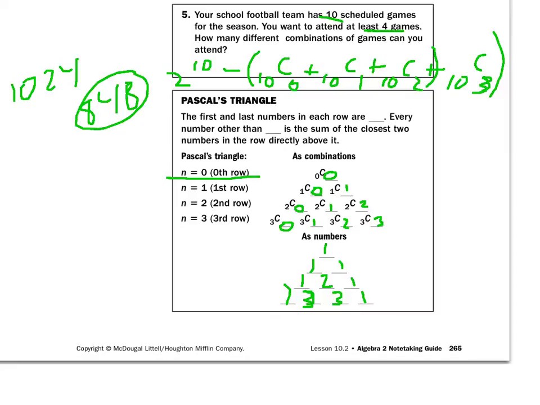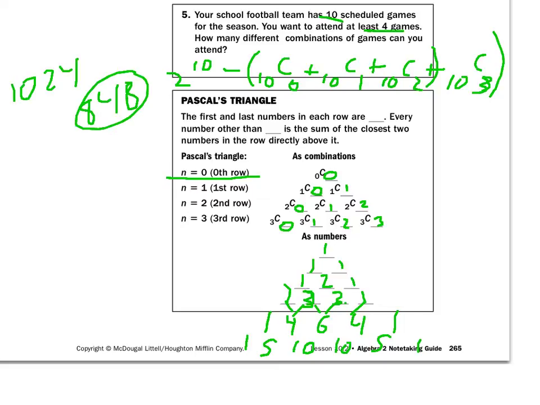Now, what's happening here is we'd have 1 on the outside always, and then you add these 2 things together, and you add these 2 things together. The 1 and the 3 made a 4, and the 1 and the 3 made a 4, and the 3 and the 3 made a 6. Okay? But as it went, it got very, very long. Obviously it went 1, 5, 10, 10, 5, and 1, and so on and so forth.